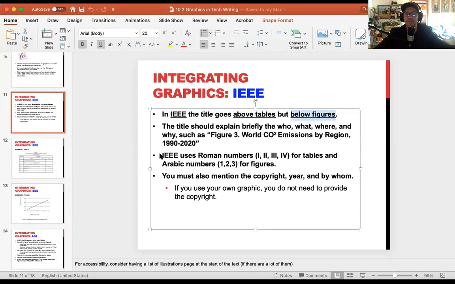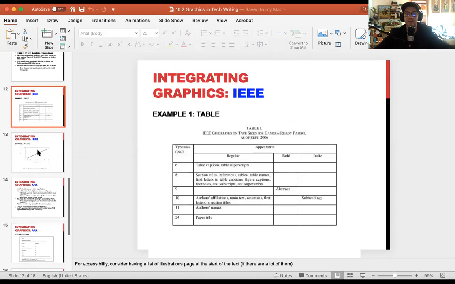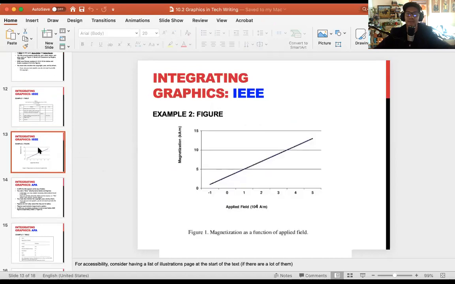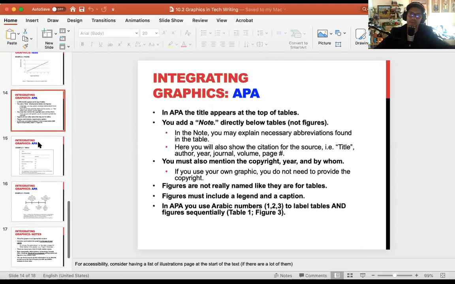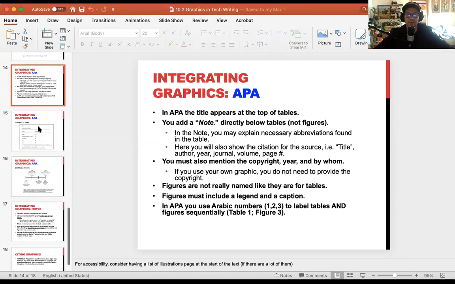And so, using Roman numerals versus Arabic numerals in how you decide to name it, where it goes on the page, all of that is going to be dictated in some ways by your citation style, APA or IEEE.